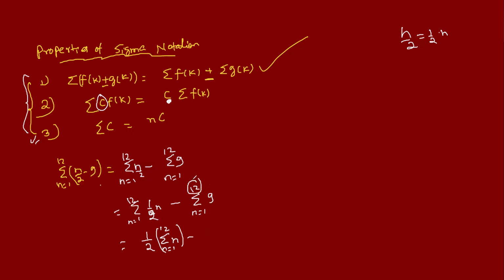The upper limit is 12, so 12 into 9. From where did you get this? From the third property. Now you understood? Now you will see n starts from 1 to 12. Add all the numbers from 1 to 12.